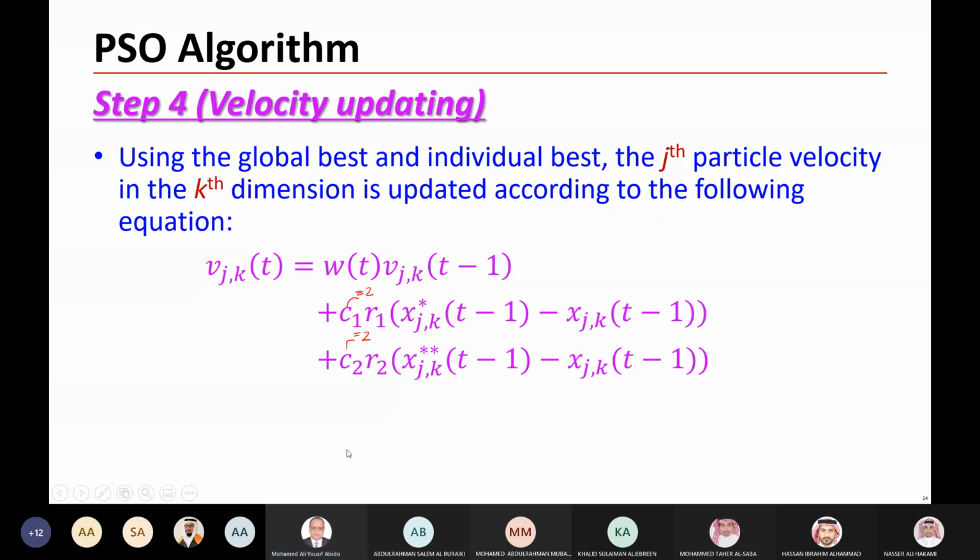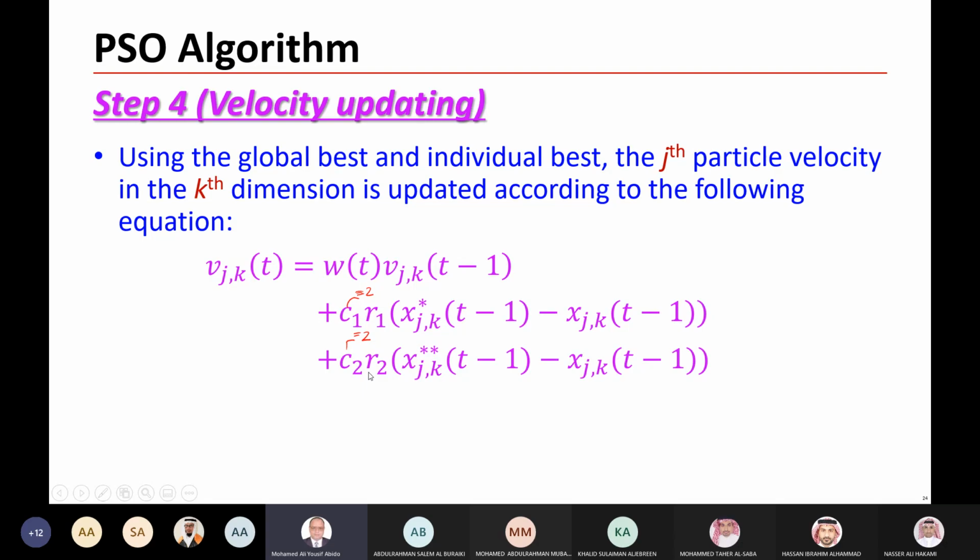Okay? And C1 and C2 equal to 2. When you have R1 between 0 and 1, if R1 equals 0, that means you eliminate the cognitive part, which is very rare. If R2 equals 0, you eliminate also the social part.